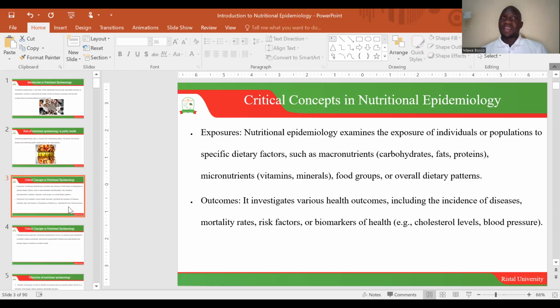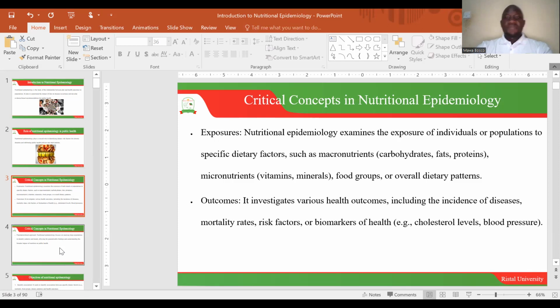The health outcome can be acquiring a new disease, or having complications associated with a particular risk factor. So outcomes basically means the result of you taking certain foods.